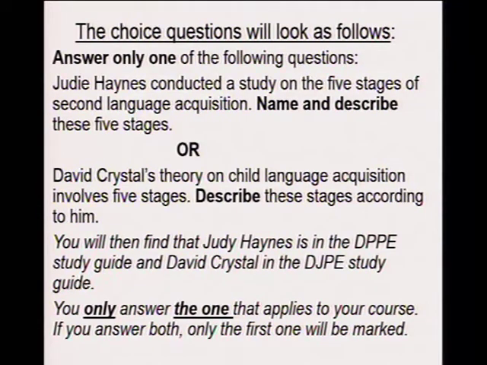You will then find that Judy Hayes is in the Diploma Pre-Primary Education Study Guide, and that David Crystal is in the Diploma of Junior Primary Study Guide. So you look, if you are pre-primary, you answer Judy Hayes. If you are junior primary, you answer David Crystal.